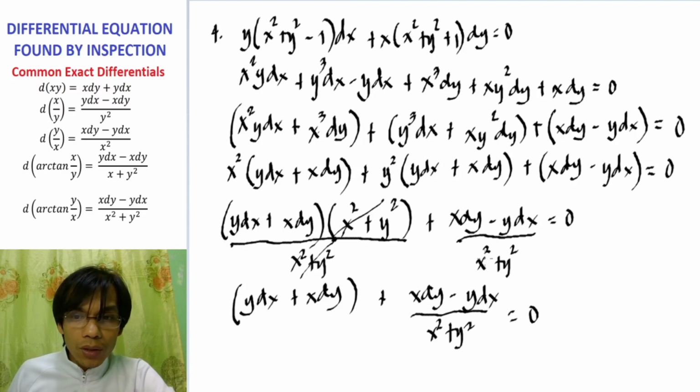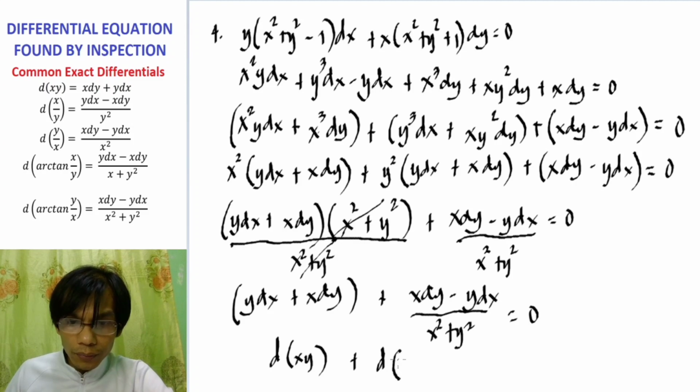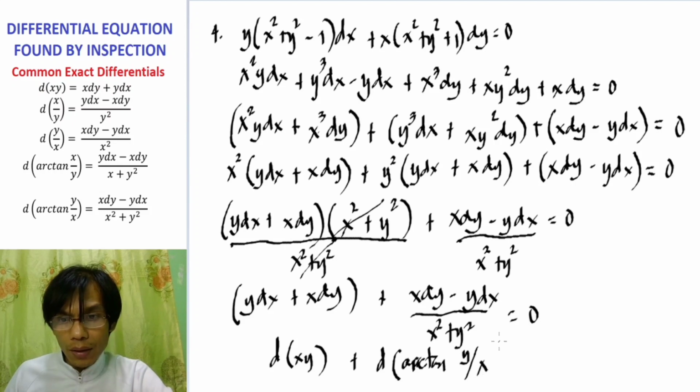Now, are you seeing an exact differential? Of course, yes. These are both exact differentials. This is actually d of xy. How about the other one? It's also an exact differential, that is d of the arctangent of y over x. And that is of course equal to 0.